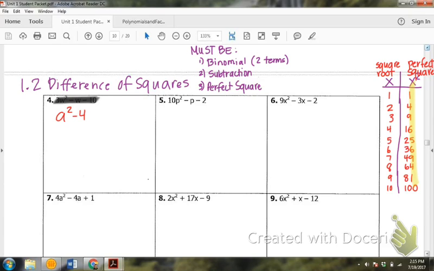Okay, so a squared, that's a times a. And 4, or the square root of 4, I'm sorry, is 2 times 2. So both of them are perfect squares. So this is a difference of squares, and the way that we factor this is such. You're going to go ahead and set up your 2 parentheses.